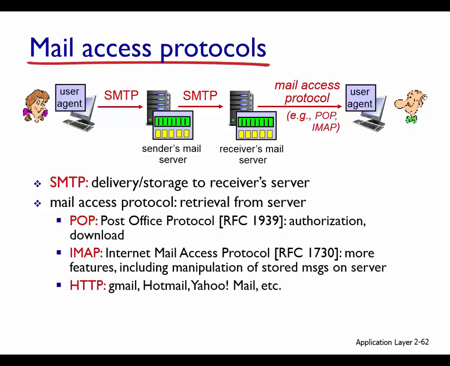IMAP, which is a little bit newer, defined in RFC 1730, has more features. So your Outlook will use POP or IMAP, and your Hotmail or Gmail will use HTTP to retrieve the data from your mailbox on the mail server.